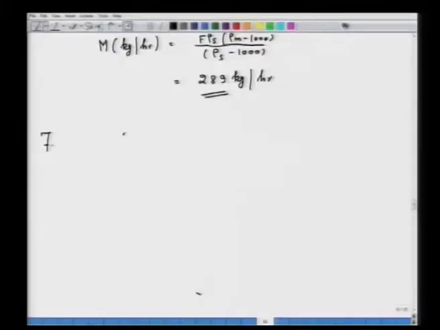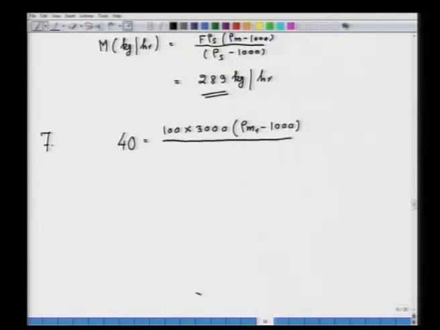So, in one slurry you have 40%. So, 40 is equal to 100 into 3000 into rho m 1, that is the density of slurry 1, minus 1000, divided by rho m 1 into 3000 minus 1000.